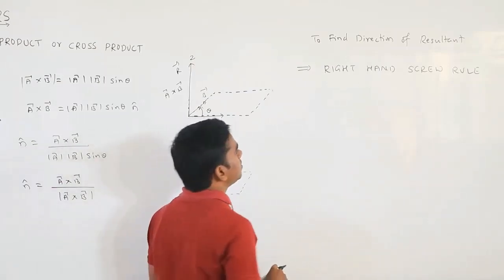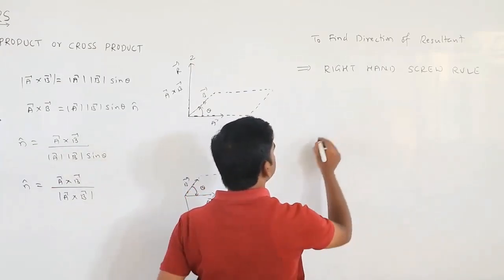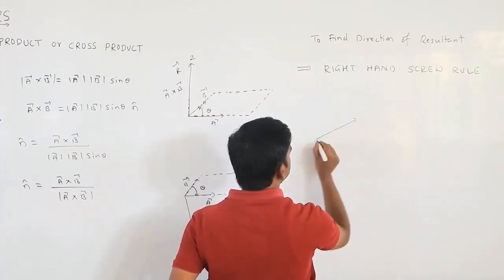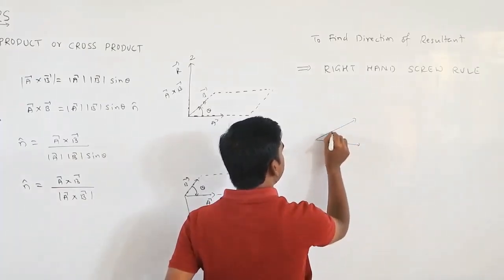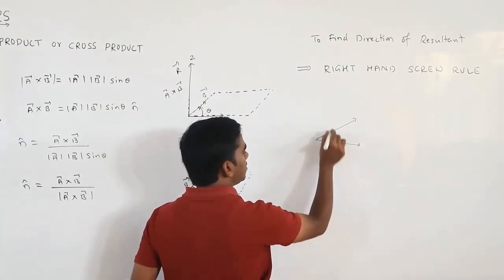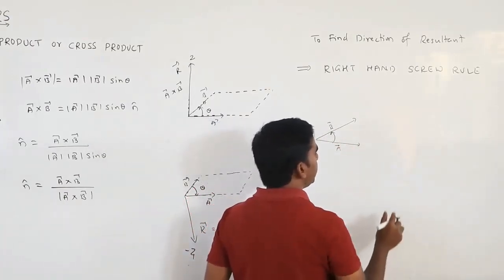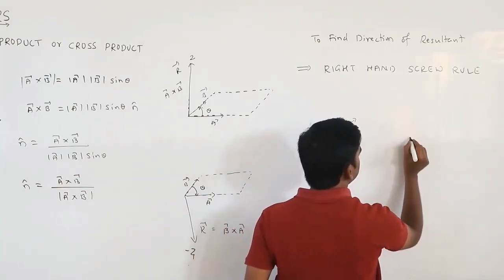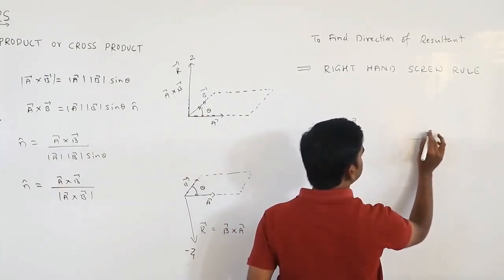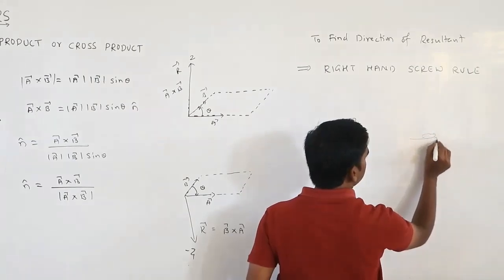Suppose vectors are moving from A to B. It is moving in this direction. So how can you show the resultant? Your fingers are moving in this direction.